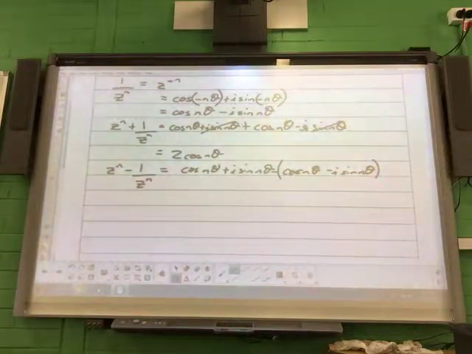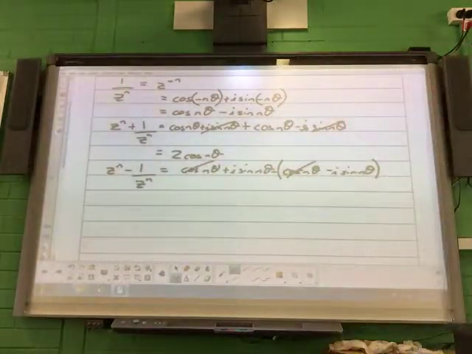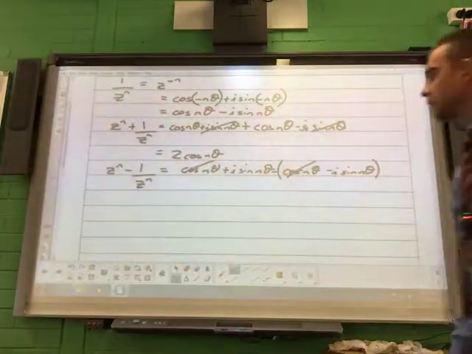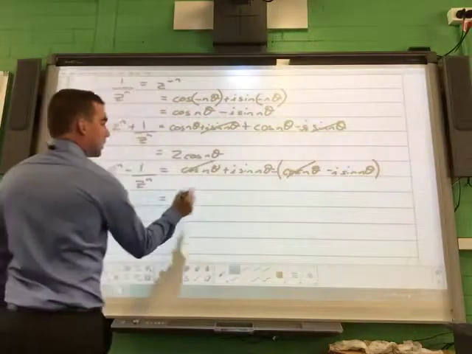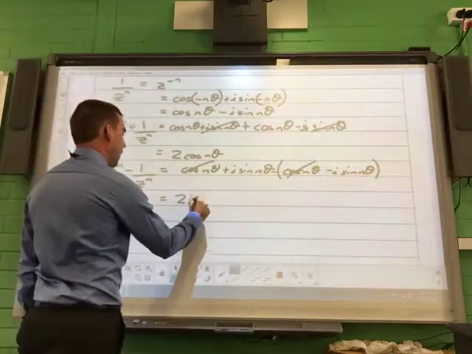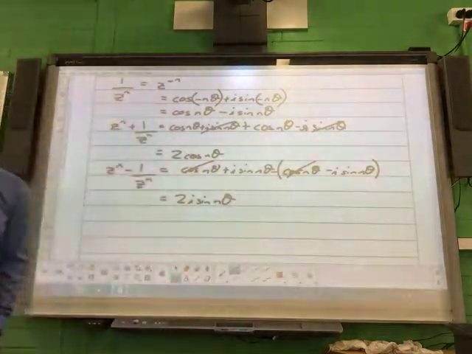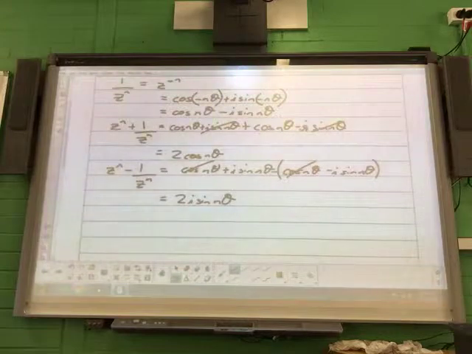Now because of the minus sign, the cos will be the one that cancels this time around. So it's going to equal 2 i sine n theta.